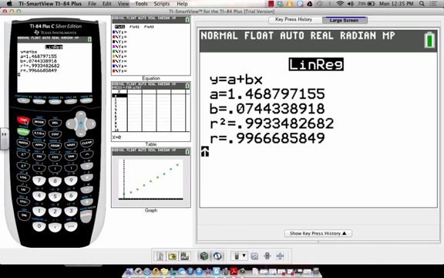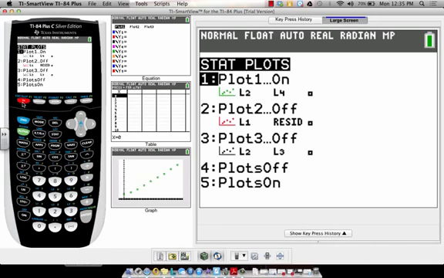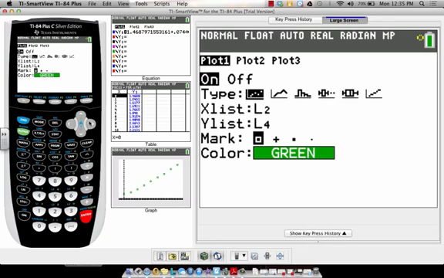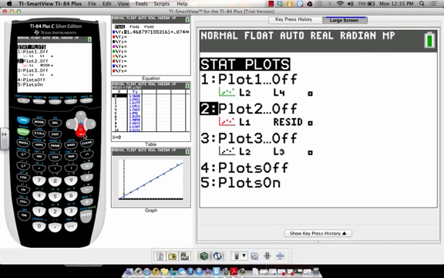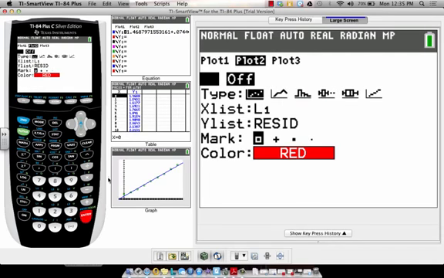So now I got to go back into y equals. I want to turn this plot off. So now that one's off. I don't have to deal with that. Go back into y equals. We're going to turn the second one on, and we're still going to deal with the residuals. Remember, since I did a new graph, I now have a new linear regression and new residuals.